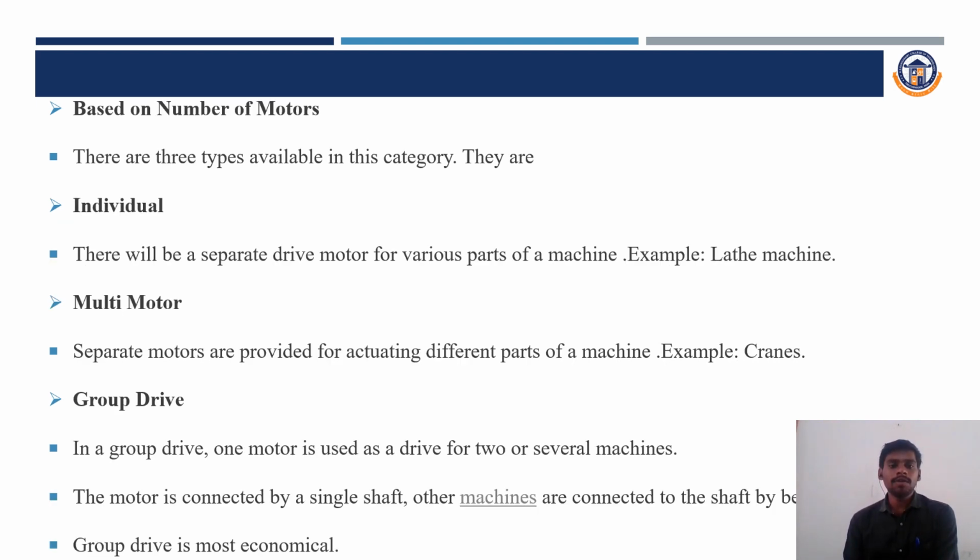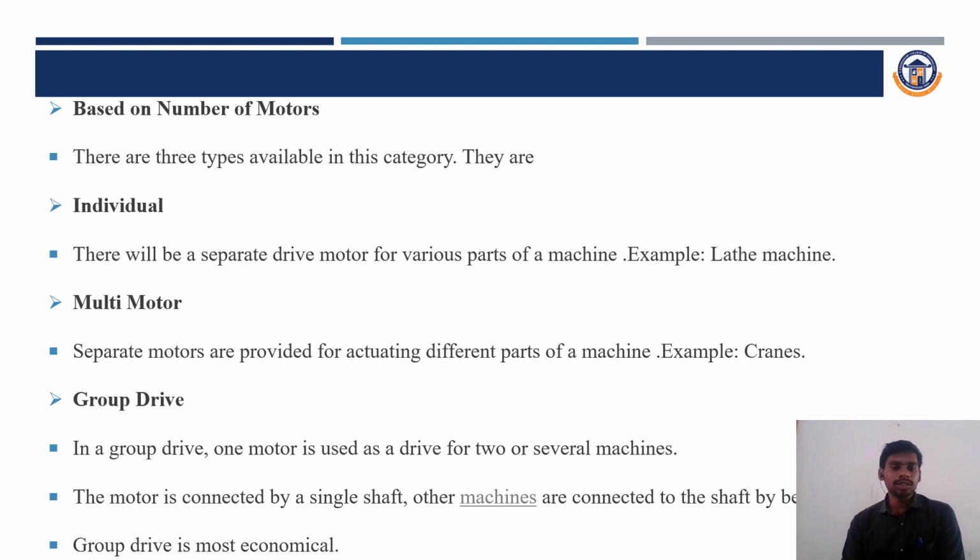There are three types available in this category: individual, multi-motor, group drive. In an individual drive, there will be a separate drive motor for each part of a machine, for example a lathe machine. Next one is multi-motor. Separate motors are provided for actuating different parts of the machine, for example cranes. For a single load, two motors are connected.